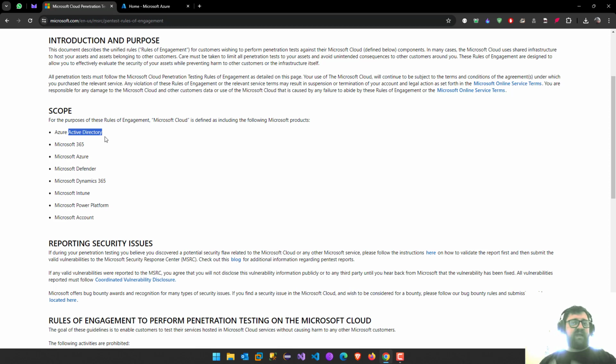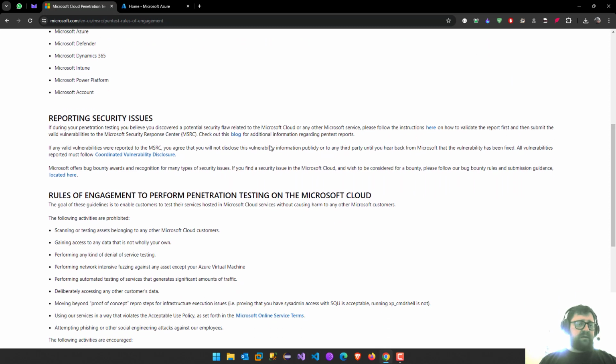Now it is Microsoft Entra ID. All right. So Microsoft 365, Microsoft Azure, Microsoft Defender, Microsoft Dynamics 365, Microsoft Intune, Microsoft Power Platform, Microsoft Account. Also below here, Microsoft says if during the pen test we find any kind of vulnerability related to the Microsoft Cloud, we have to report it.